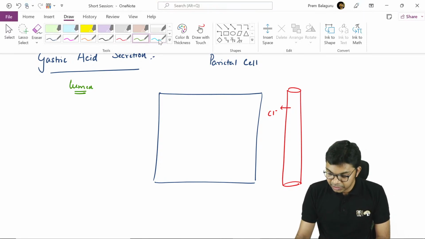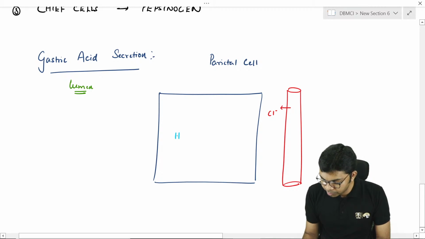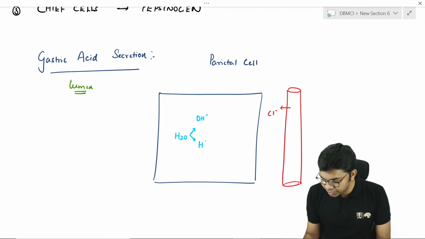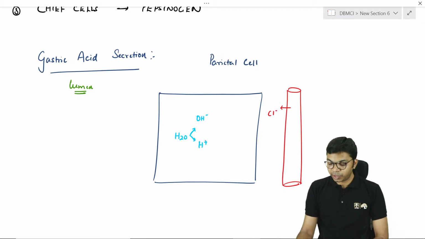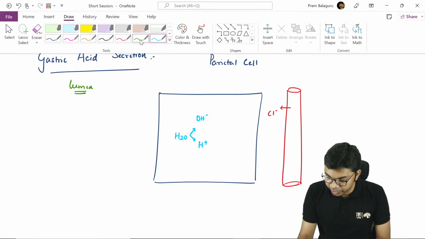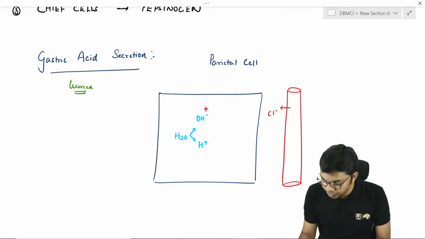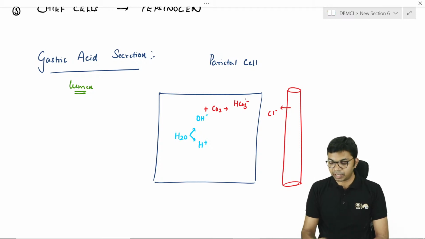Inside the parietal cell, we are going to observe water molecules, and this water molecule is going to split into hydroxyl ion as well as hydrogen ion. The hydroxyl ion thus formed is going to combine with carbon dioxide to form bicarbonate.